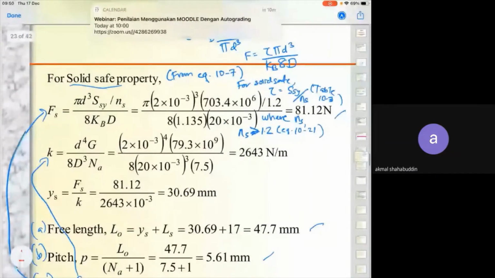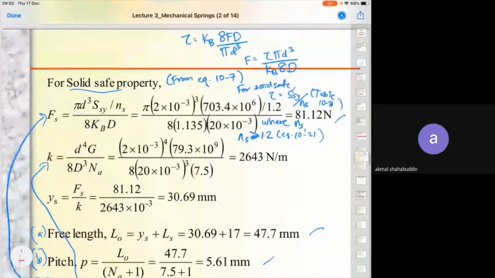Okay. Saya dah conteng awal tadi sebelum kita mula kelas. Isunya sekarang adalah dia adalah solid safe property. Dia nak solid safe property. Ada sedikit calculation yang beza. So force, dia suruh kita cari solid safe untuk free length. So kita nak cari dulu berapakah force yang kita perlu.